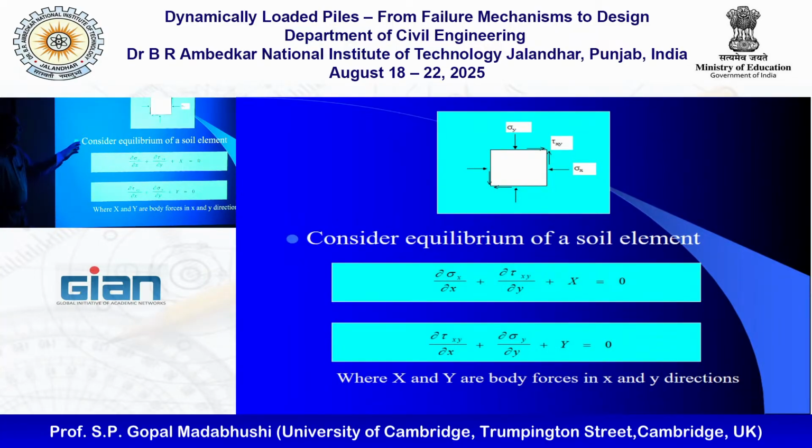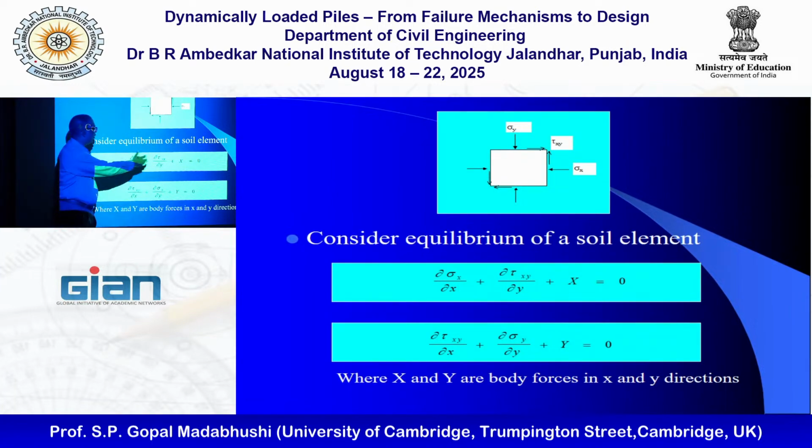Now, if I consider equilibrium of that soil element, then in the horizontal direction I can write the change of sigma x in the x direction, so partial derivative of sigma x over dx, plus in the other direction partial tau xy over partial y, plus any force I have in the x direction.